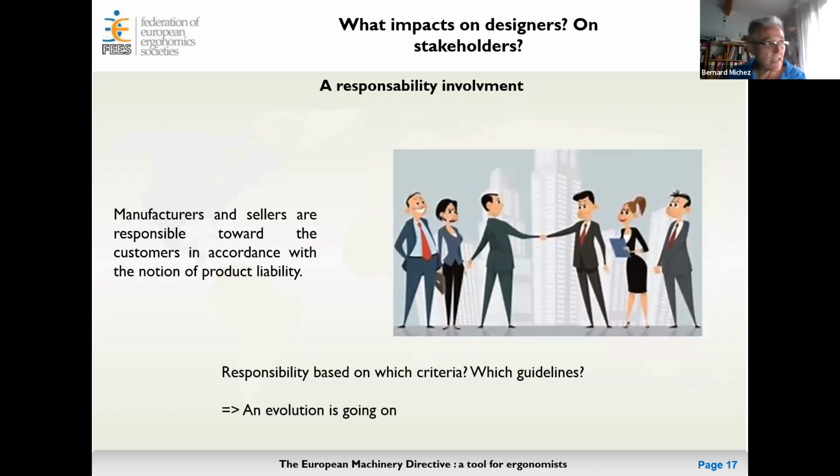Manufacturers and sellers are responsible towards the customers, and an operator is a customer. Someone that buys a vacuum cleaner is a customer. In all cases, manufacturers and sellers are responsible for their design and for acquisition.